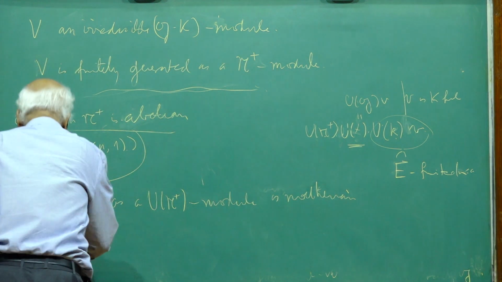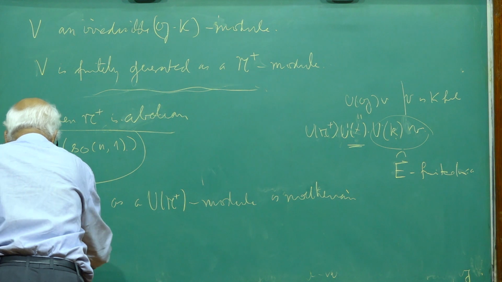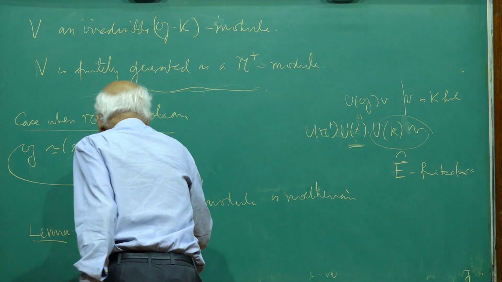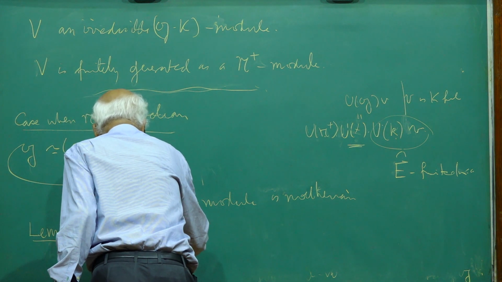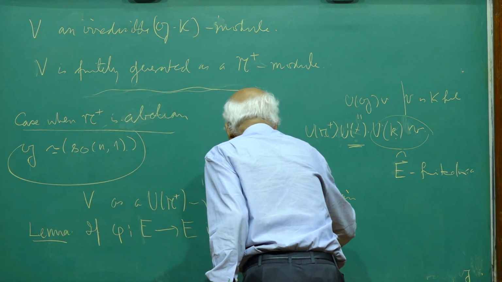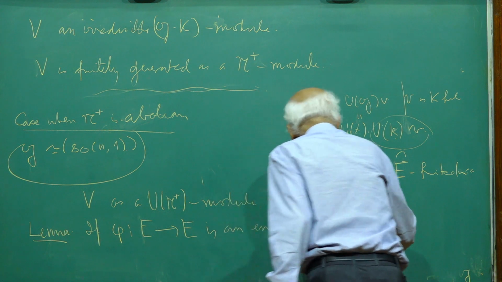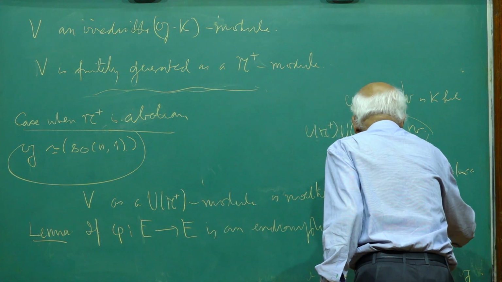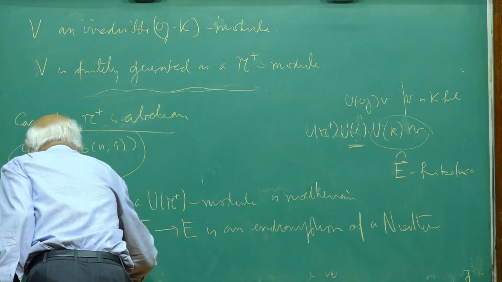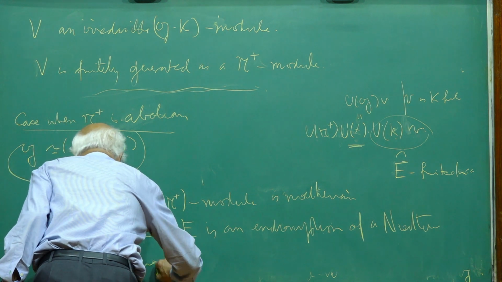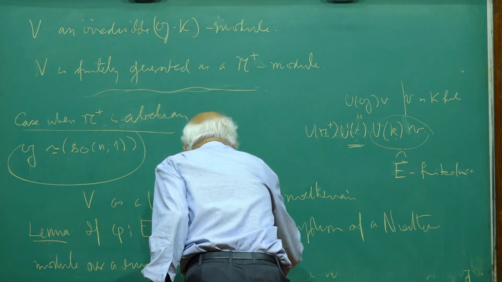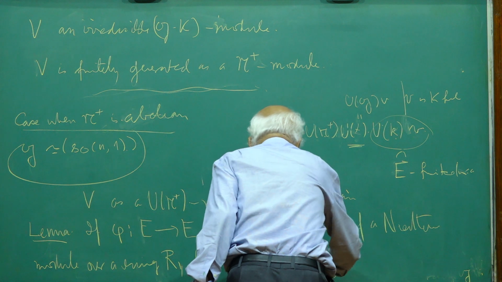Now, I have the following lemma. If phi, say E to E, is an endomorphism of a Noetherian module over a ring R, then if phi is onto, it is also injective.